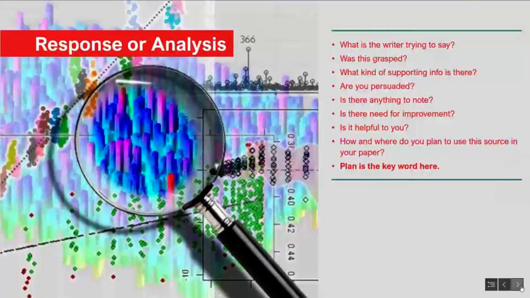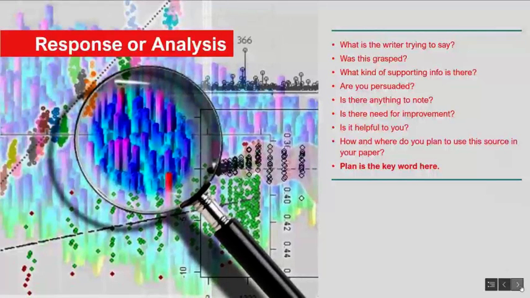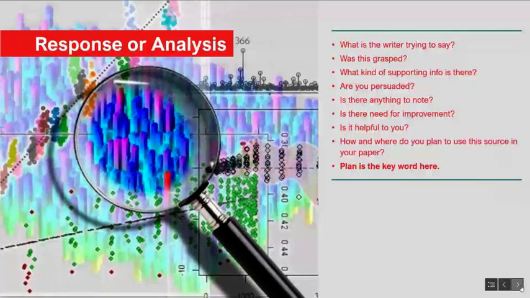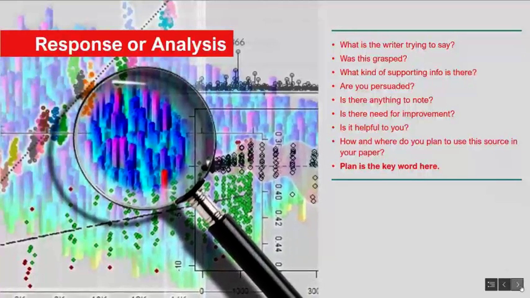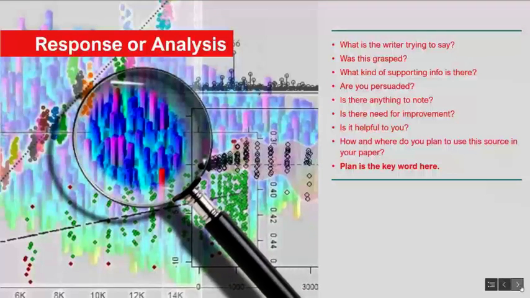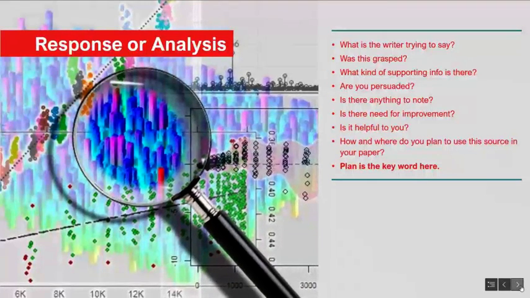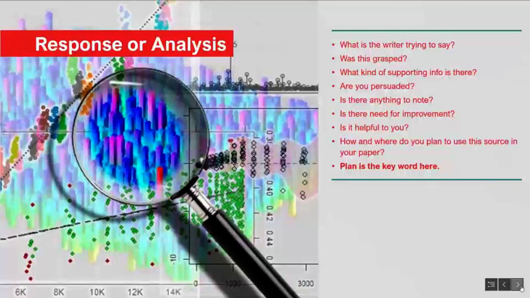You also want to see if there is any need for improvement. So is there more information that you personally will need from either this author or from a different source? Or is there a need for improvement in this person's research? Do you feel like they might need to do a little bit more digging?